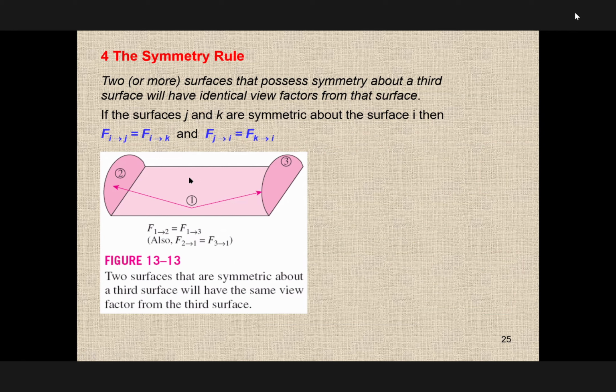This sometimes helps us, for sophisticated geometry, to make it simple, okay? Therefore, now we have the reciprocity rule, the summation law, and the symmetry rule, or law. These can help make it easy to calculate the view factor for some geometries, okay?